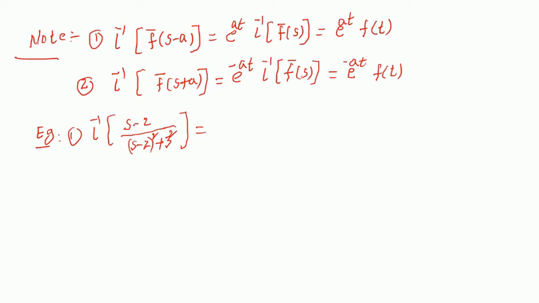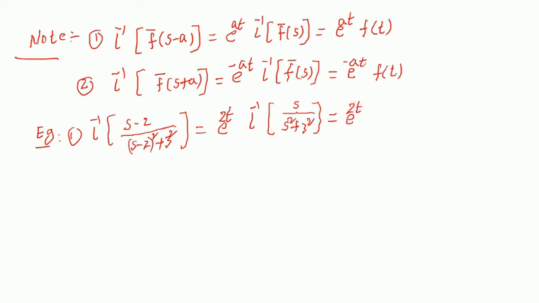If we have s in the numerator, we have to write it in the form of s minus 2, and already we have it in that form. So in the place of s we have s minus 2. To remove s minus 2 by using the first shifting property, we first write e power 2t, then L inverse of the remaining terms: L inverse of s by s square plus 3 square, because the role of 2 is completed by writing e power 2t. So this is equal to e power 2t.